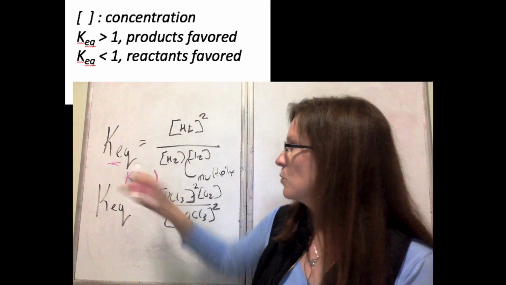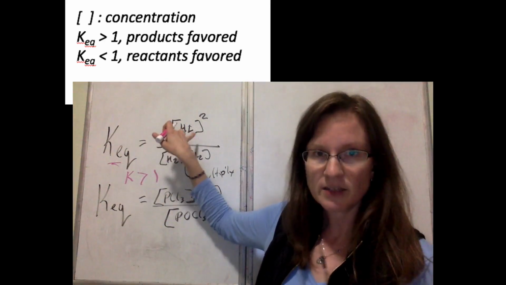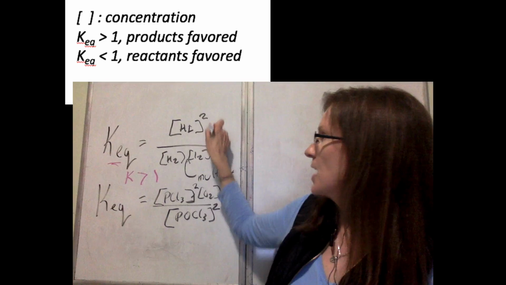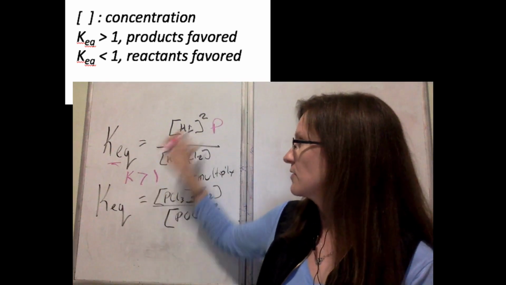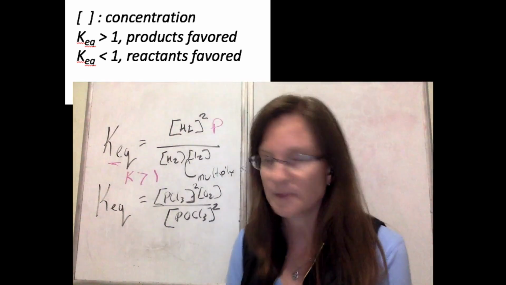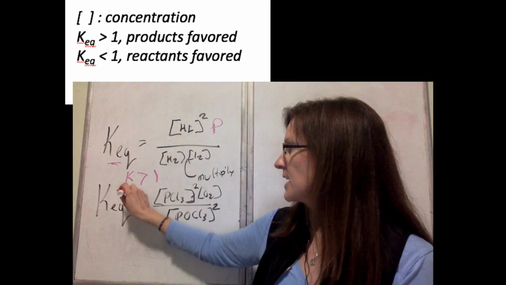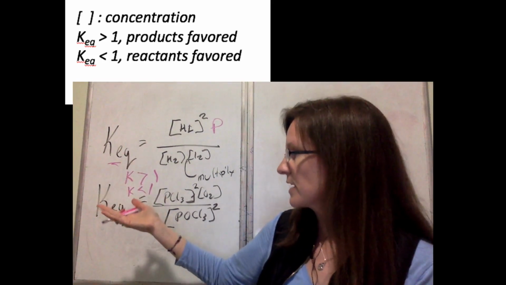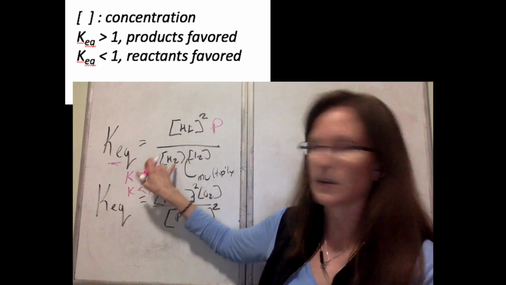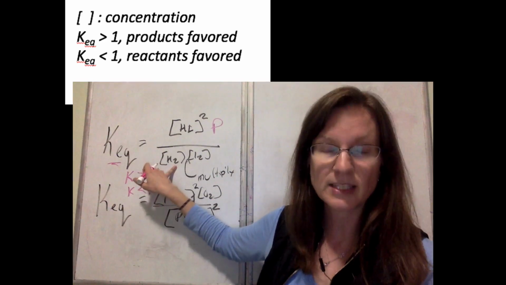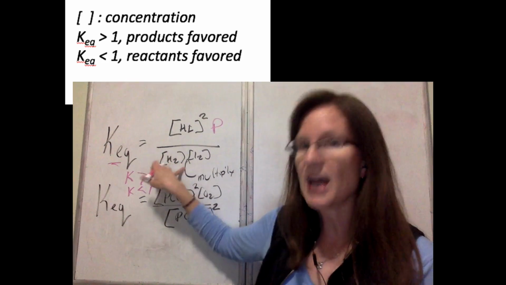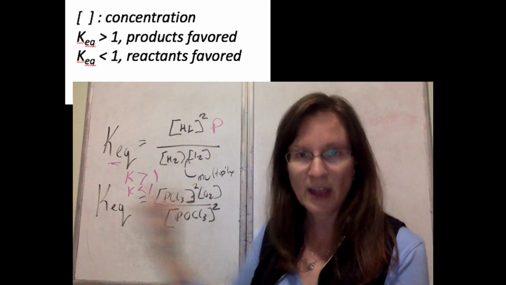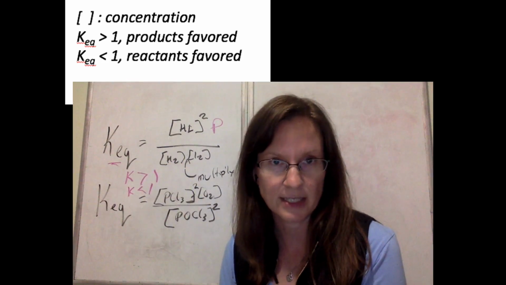So K greater than 1, we usually say is product favored, because the products are on top, and to get a K of greater than 1, we have to have a lot of products. If, on the other hand, K is less than 1, we usually call that reactant favored, because the only way to get that is to have the denominator big, or the reactant number big. And to get the reactant number big, we have to favor the production of reactants.